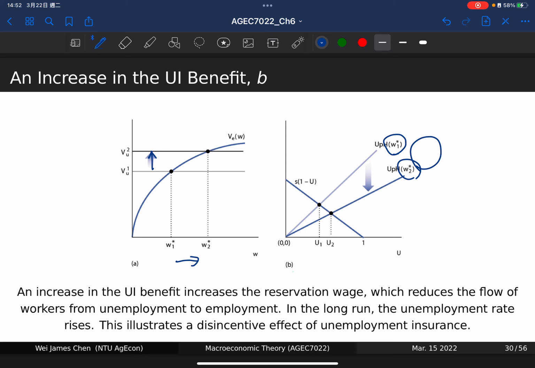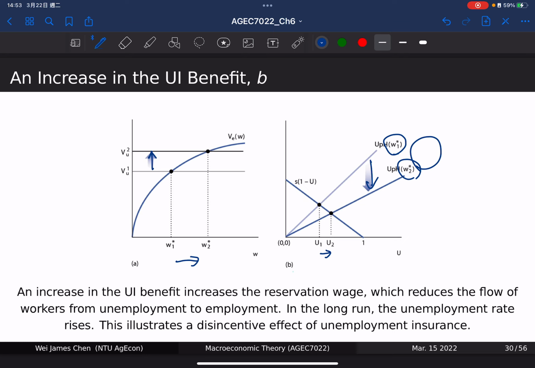So when the reservation wage is higher, H of W must be lower. H of W is the probability that this wage is higher than this wage W star. So the higher the W star, the lower the probability, right? It must be the case. So it goes down. And when it goes down, the unemployment rate increases.